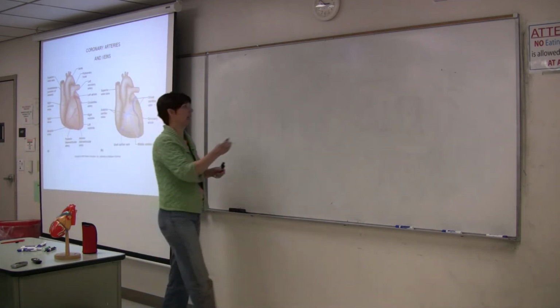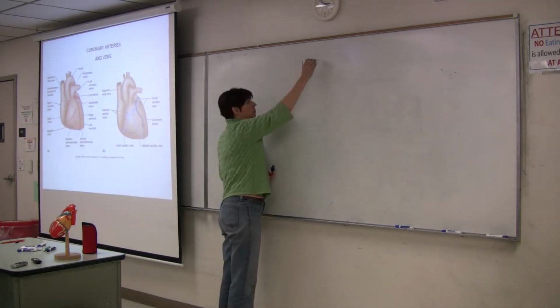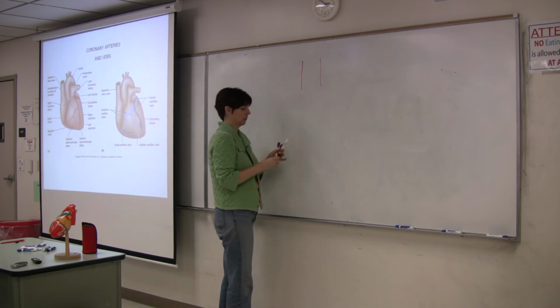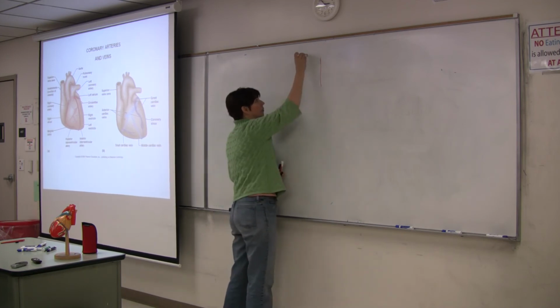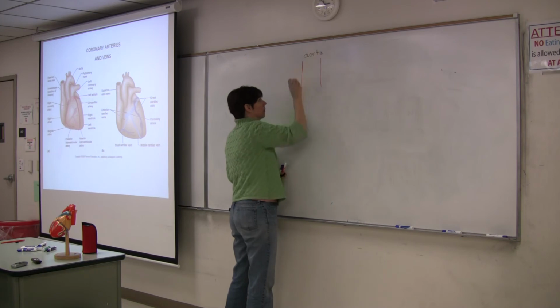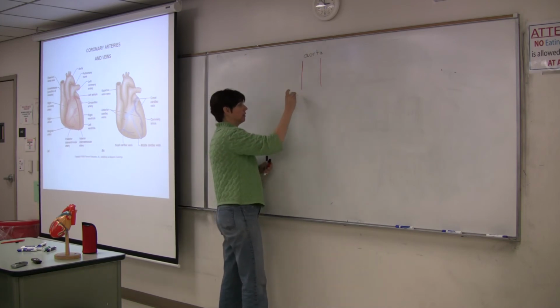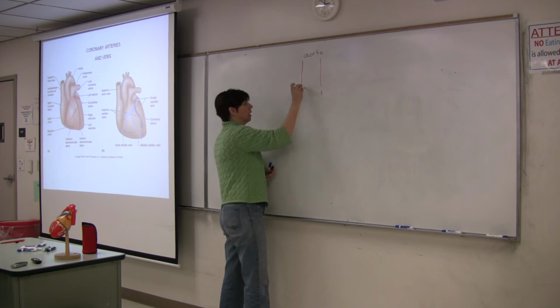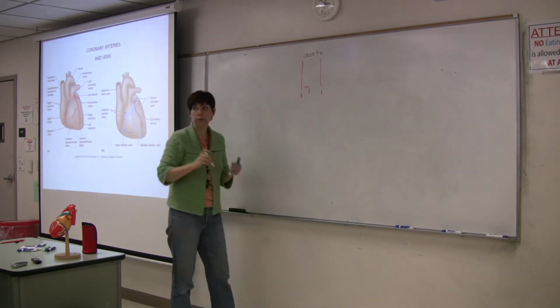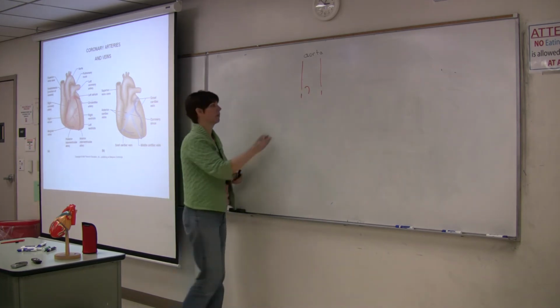And we have the aorta. Coming out of the aorta is the right coronary artery.